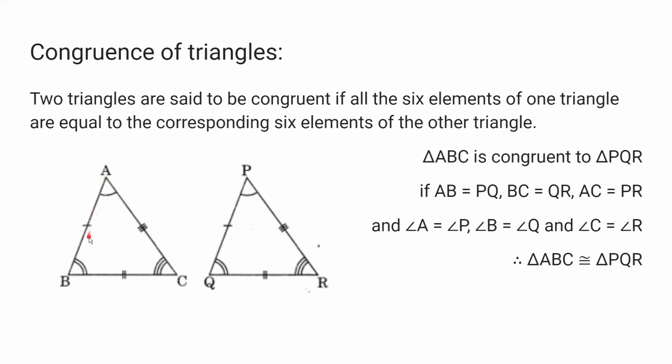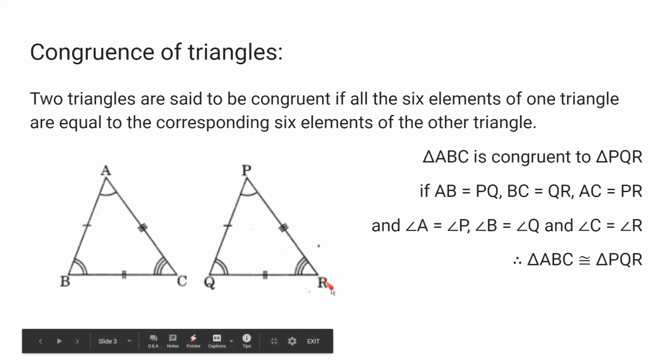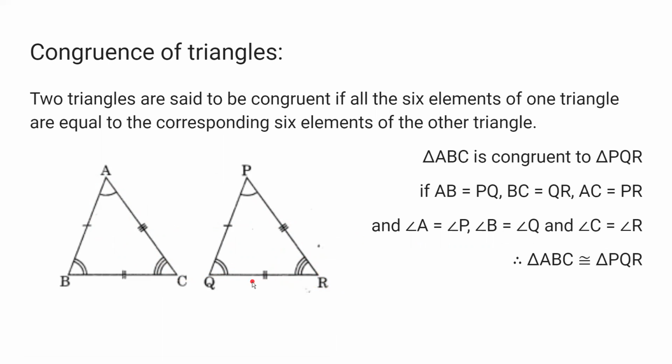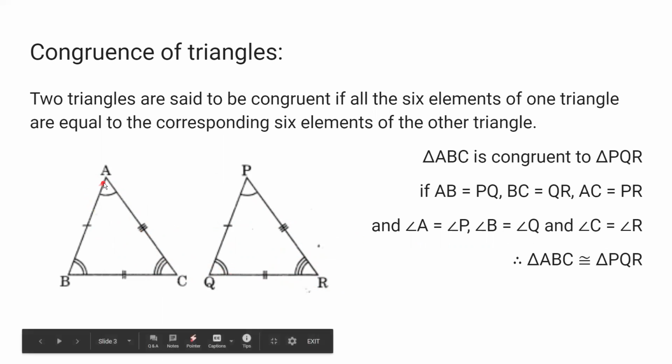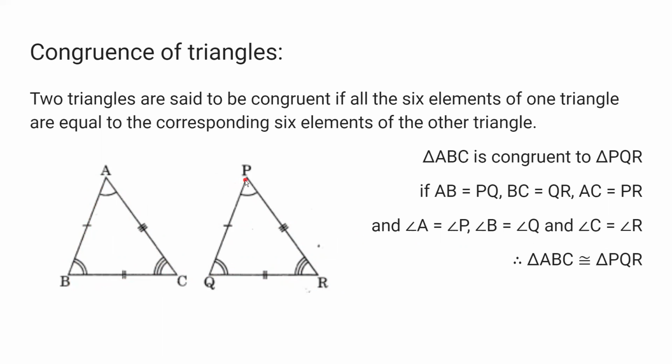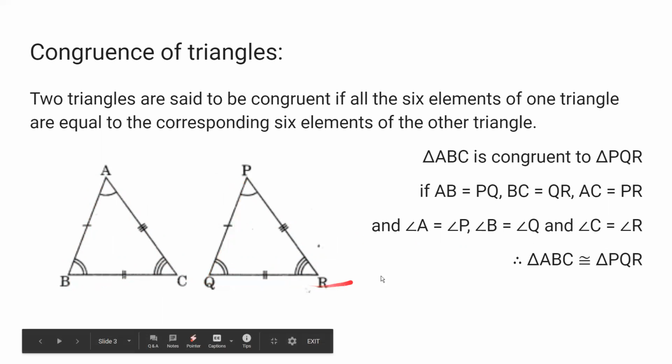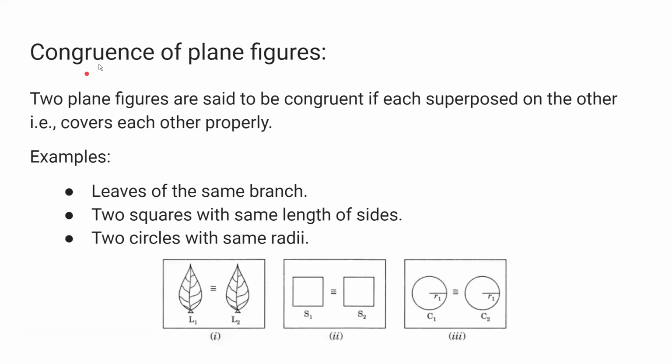Angle A is congruent to angle P. Angle B is congruent to angle Q. And angle C is congruent to angle R. So here we understand that triangle ABC is congruent to triangle PQR.